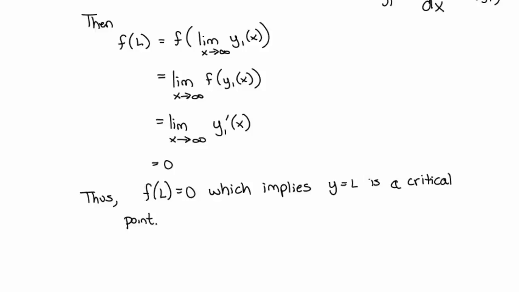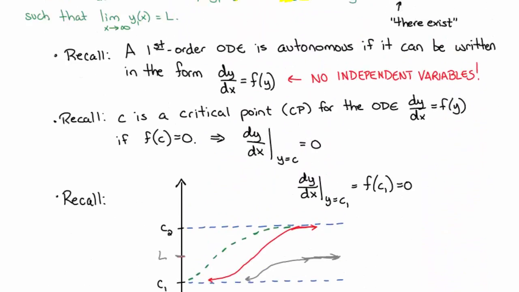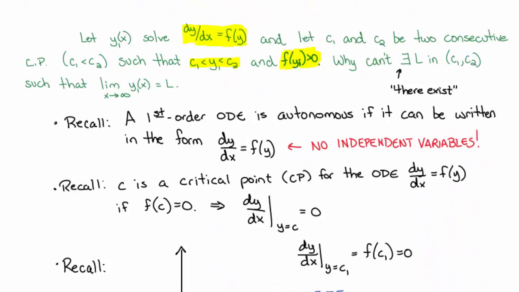Now, this would not be such an issue, except that in the very beginning of the problem, we said let C1 and C2 be two consecutive critical points. So this whole problem hinged on the fact that C1 and C2 were consecutive critical points.